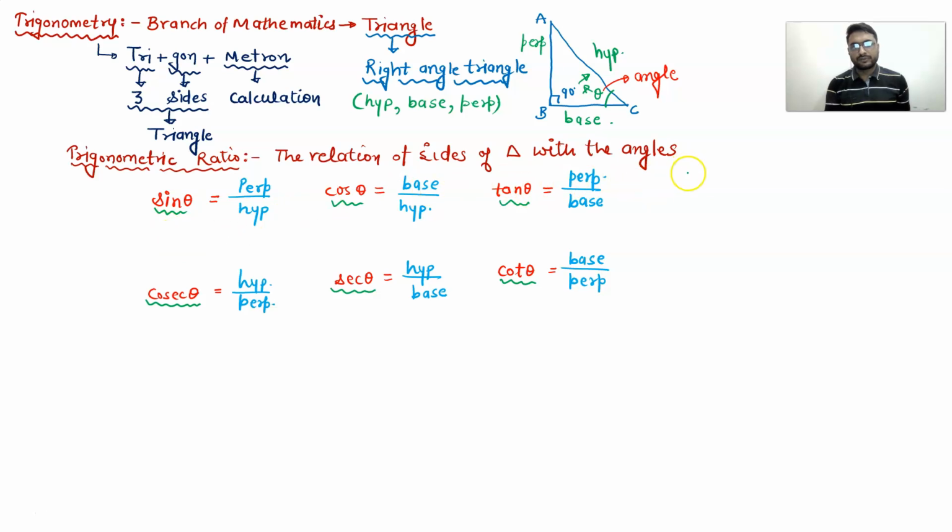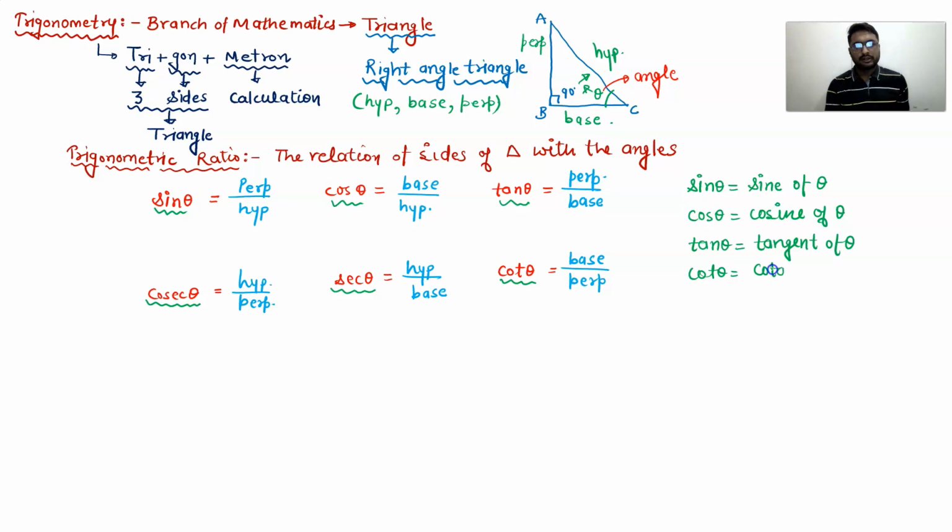Now what is the meaning of sine theta, cos theta, tan theta, cot theta, sec theta and cosec theta? Sine theta is sine of theta. Cos theta is cosine of theta. Tan theta is tangent of theta. Cot theta is cotangent of theta.